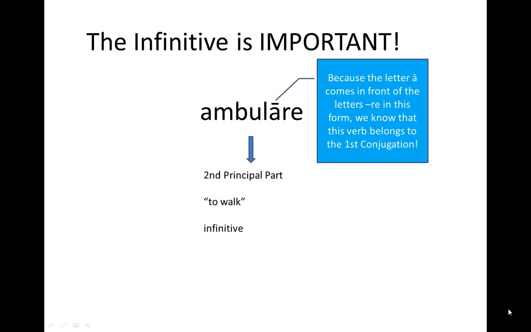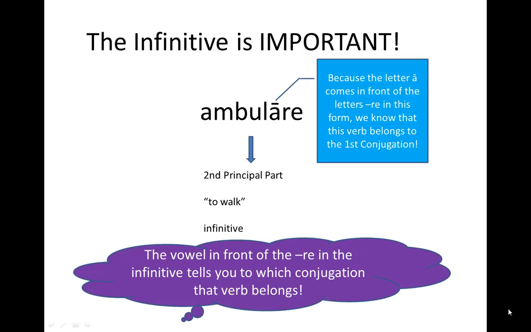Because the long A comes in front of the letters R-E, we know that this form belongs to the first conjugation. The vowel, which is the letter in front of the R-E, and it will always be a vowel, tells you to which conjugation a verb belongs.